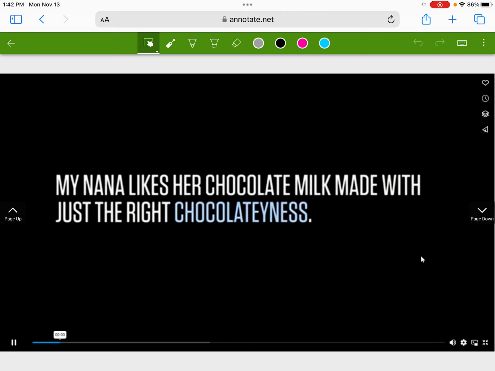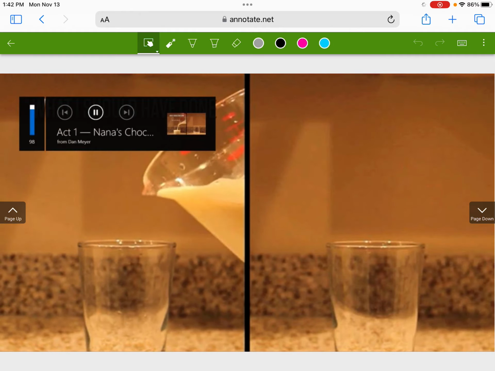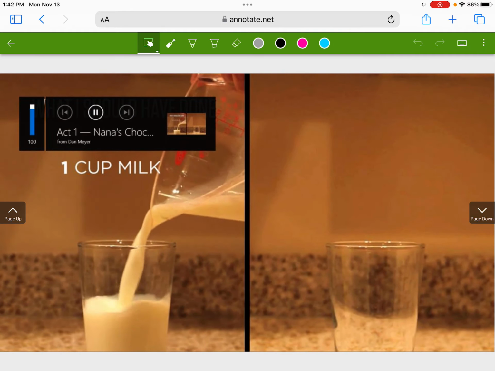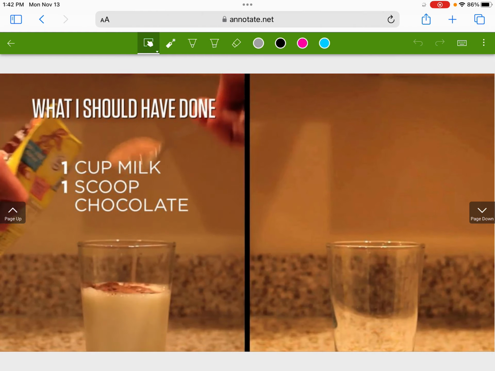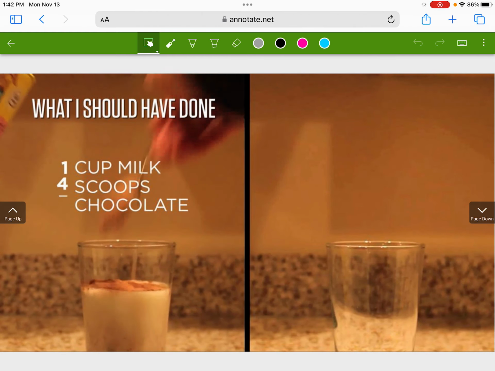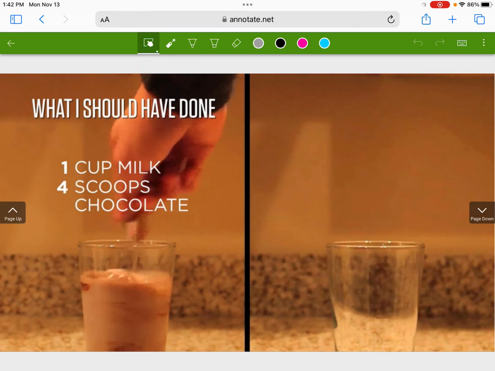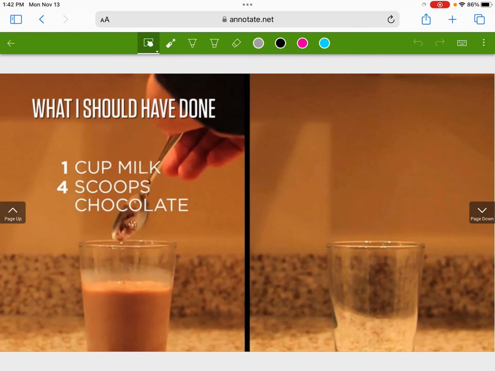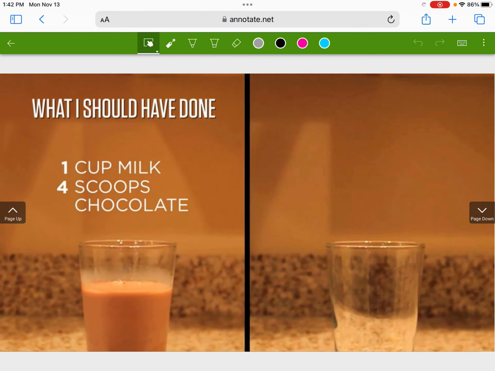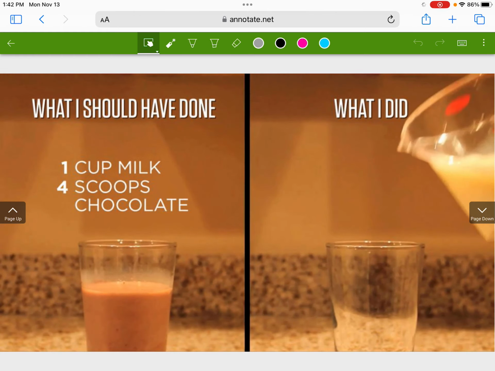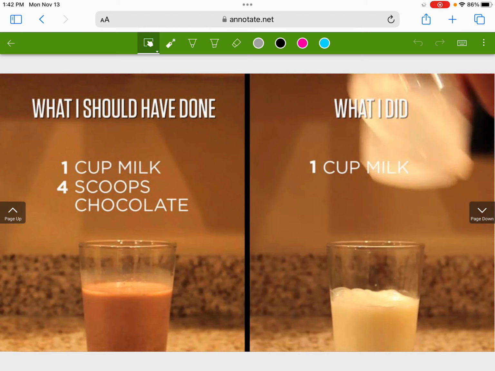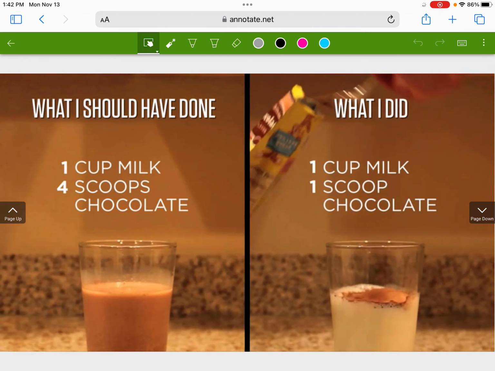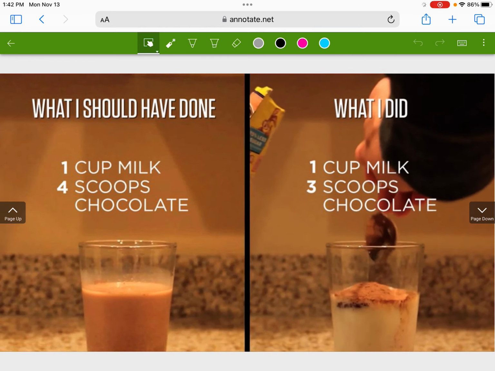My Nana likes her chocolate milk made with just the right amount of chocolatiness. So I should have added 1 cup of milk, 1, 2 scoops, 3 scoops, 4 scoops. Dodging.